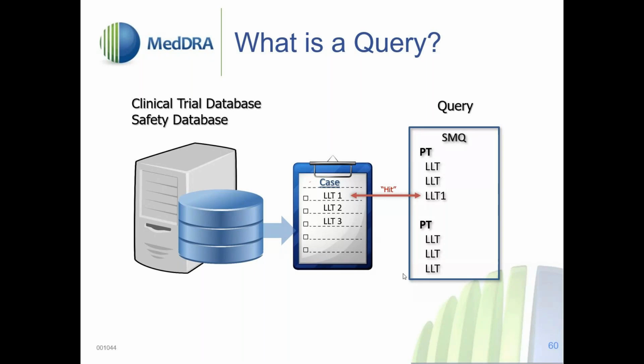So depending on your database, how you store your data, you could either match the PTs or the LLTs. And if you find a hit, so the case includes, for example, LLT1 and my query list contains LLT1, you would take that case and put it into your output.